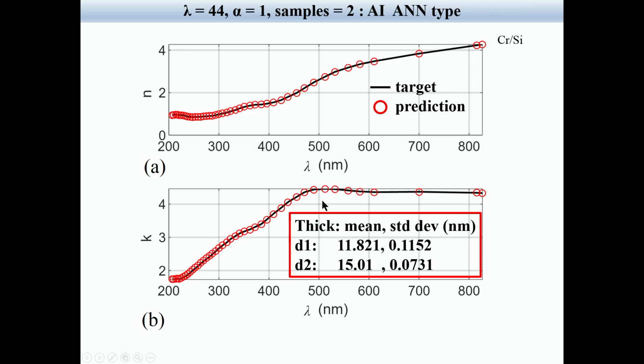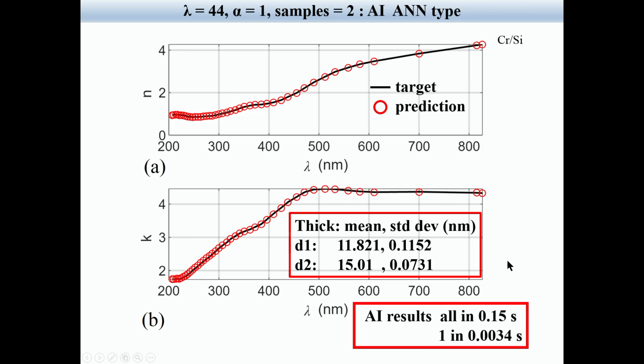And then here's the k, and now I handed the computed values of psi and delta, and voila, the predictions land really, really close to the targets, both for n and k, and the thicknesses are pretty close to 15.01 instead of 15, and 11.82 instead of 12. And these numbers can be improved by different training.